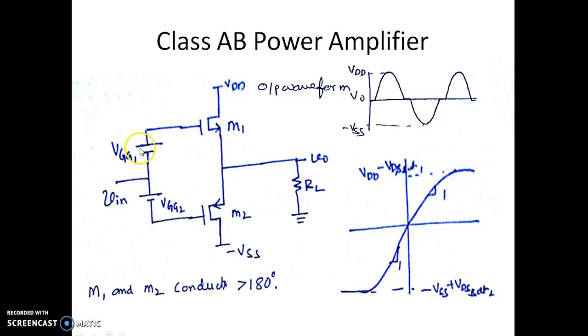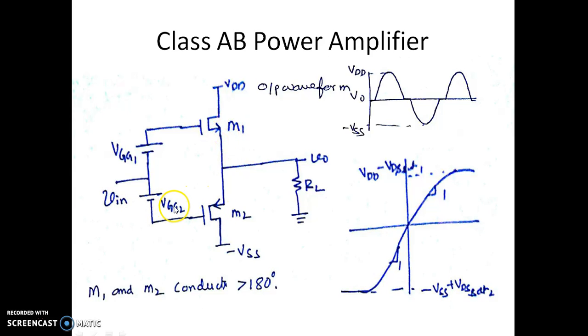The difference between the class B push-pull amplifier and the class AB amplifier is that we have two DC voltage sources, VGG1 and VGG2, which are used to bias M1 and M2. VGG1 and VGG2 are such that even if the input voltage is negative, M1 is conducting. That is, it conducts for an angle greater than 180 degrees, meaning it will be conducting even beyond the positive half cycle.